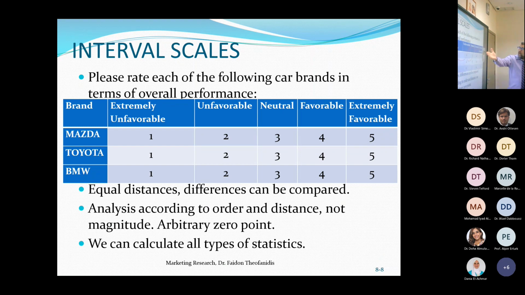Because instead of giving you a scale from 1 to 5, I could give you a scale from 1 to 10, or 1 to 100. If somebody rates 5 on a scale from 1 to 5, what should he rate on a scale from 1 to 10? 10, the maximum. So the value of the number does not count. The position of the number is what counts.